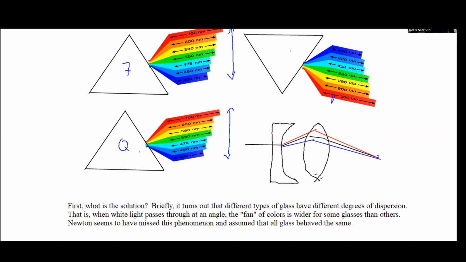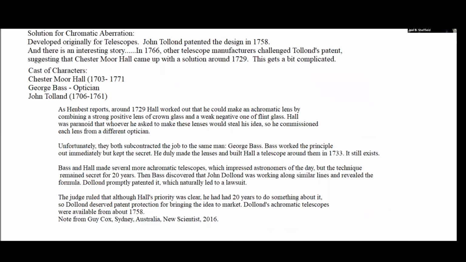So here's the story. This is a wonderful bit of story. Originally, this correction was figured out, as I said, somewhere in the 1730s, 1729. And it was developed by a man named Chester Moore Hall. The interesting thing, trivial interesting thing, is that his middle name is spelled either Moore, let me write it out for you.